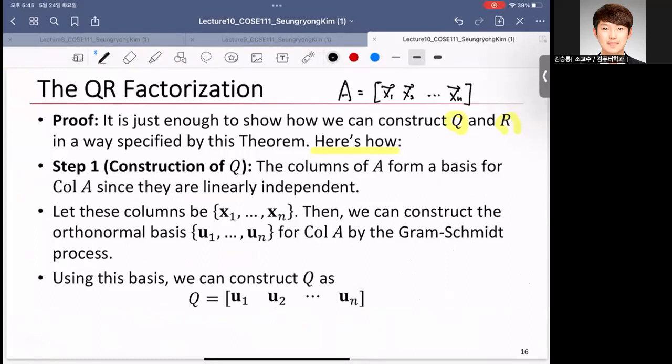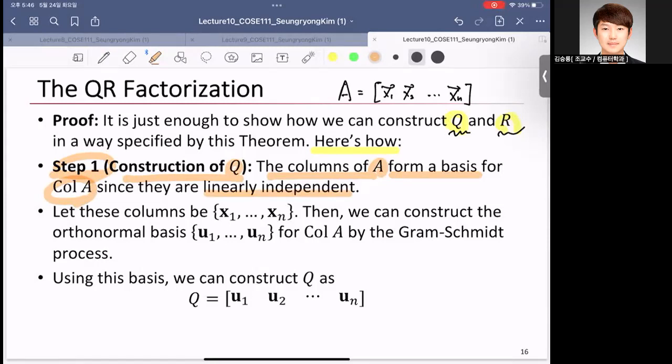Then let's find Q and R. So first of all, in step 1, which is designed for constructing matrix Q, the columns of matrix A form a basis for the column space of matrix A, since they are linearly independent.